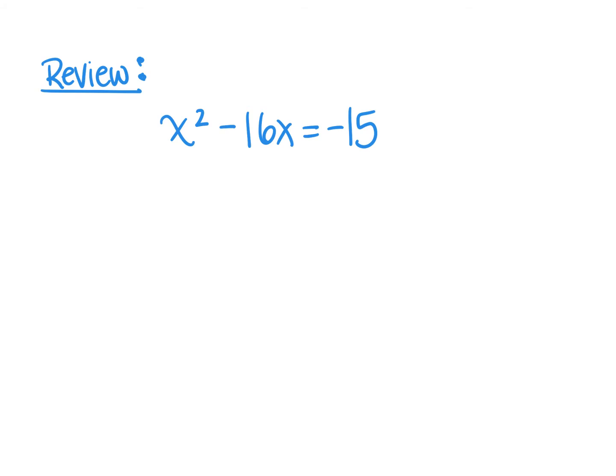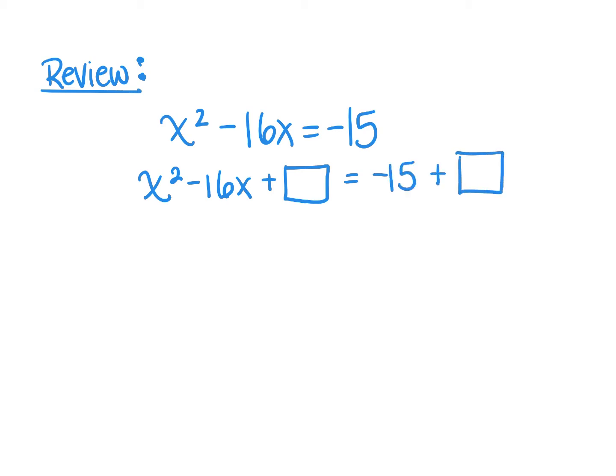We had x squared minus 16x is equal to negative 15, and we're going to solve this by completing the square. So remember, we took the x squared minus 16x, plus something, equal to negative 15 plus something.